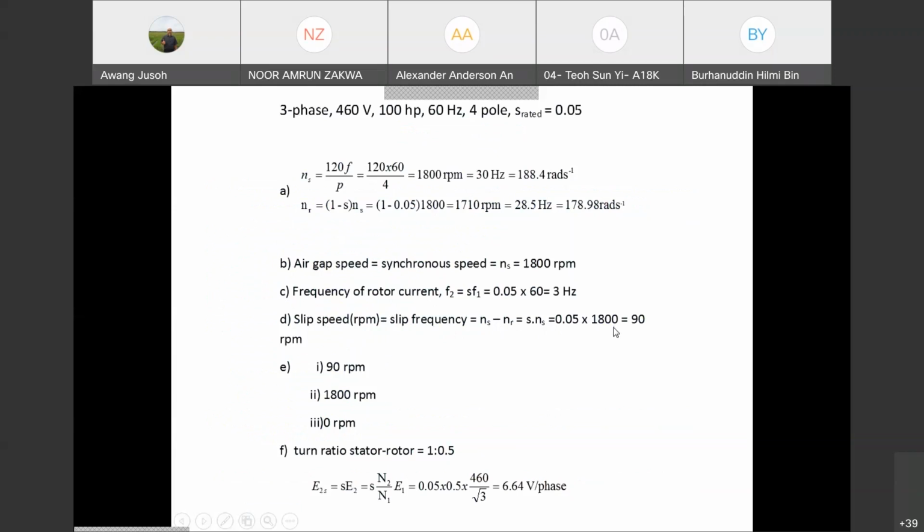You just subtract: 1,800 minus 1,710, you get 90 RPM. Just deduct Ns minus Nr, or s multiplied by Ns, the same thing. So it can be determined in RPM or radian per second. You can change the unit. But when we talk about slip speed, it is the difference between synchronous speed and rotor speed.